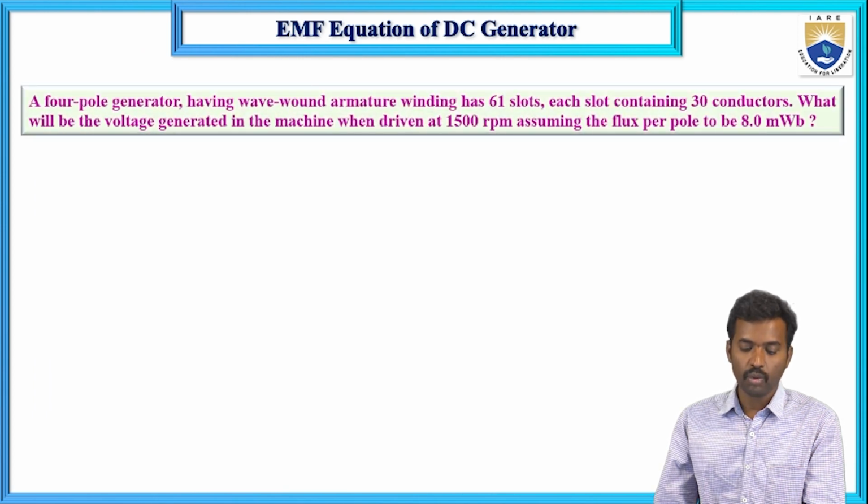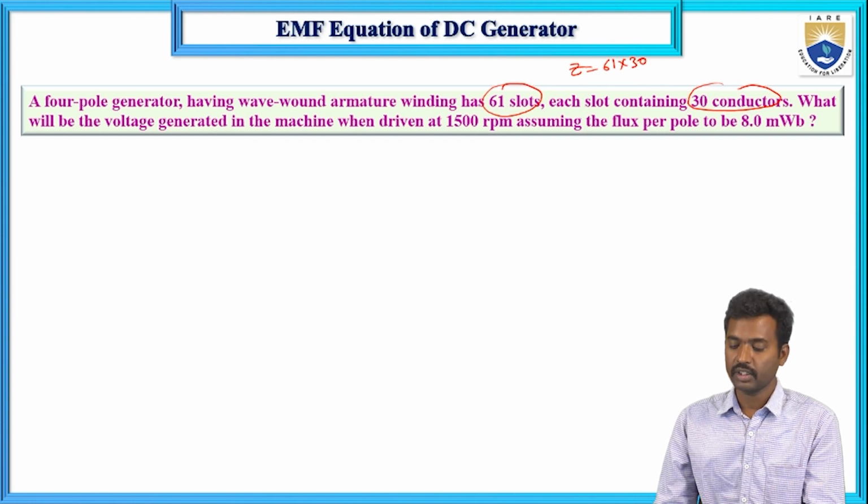First, a 4-pole generator having a wave wound armature winding has a total of 61 slots, each slot containing 30 conductors. So the total number of conductors Z equals 61 into 30.